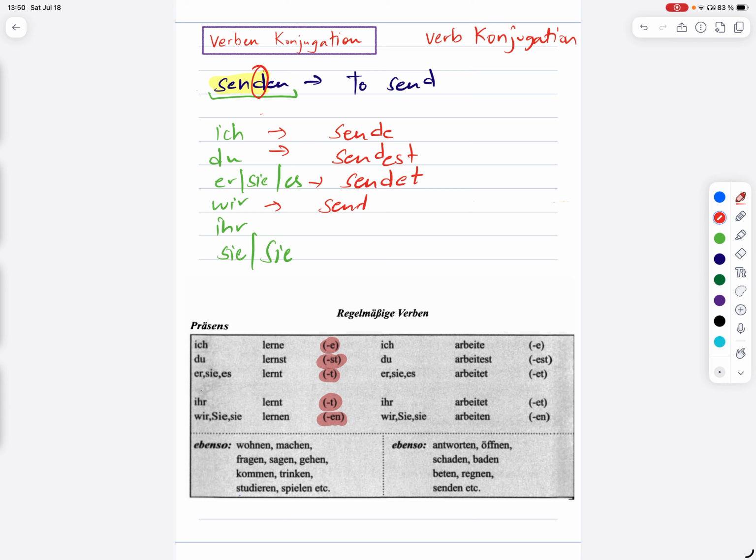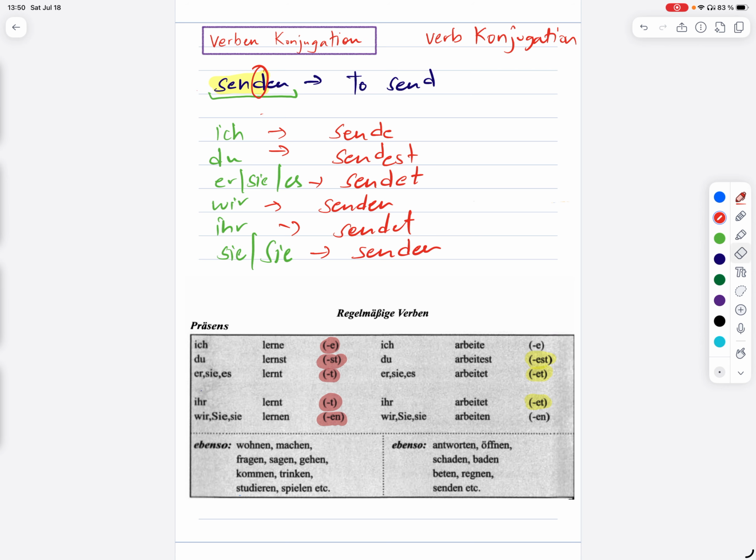Wir senden, infinitive form, no problem here. Ihr sendet, and then sie senden again, right? So for such verbs, the conjugation rule is adding an extra e in the du case, er, sie, es case, and ihr case, and then other things remain the same, right?